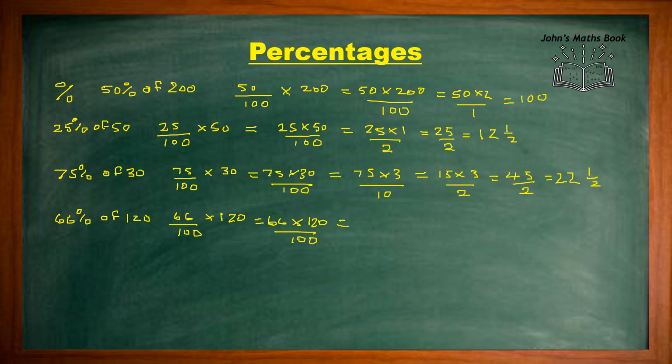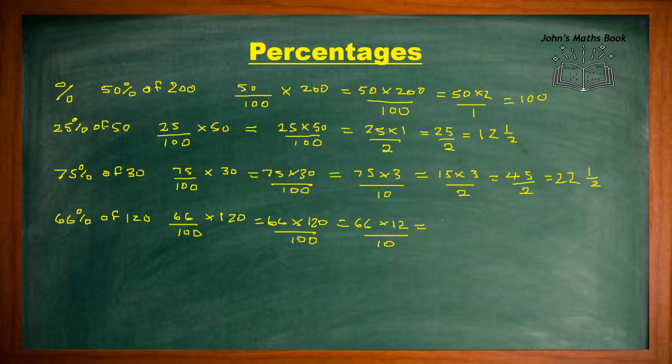So that becomes 66. Now 10 goes into 120 12 times, and 10 goes into 100 10 times. We can further simplify it by dividing 2 into the numerator and the denominator.